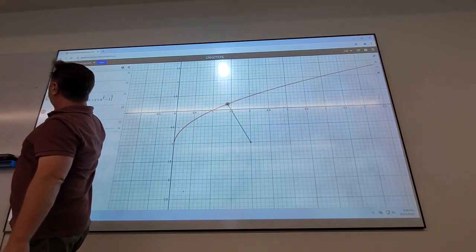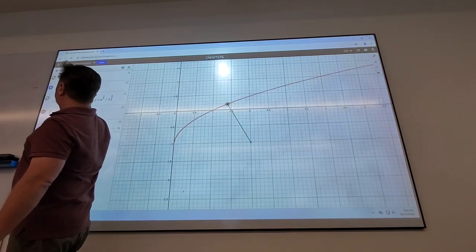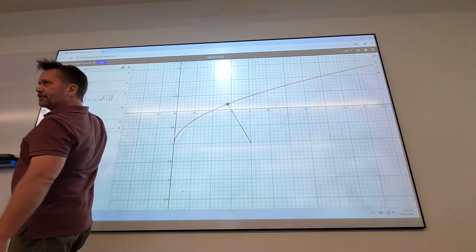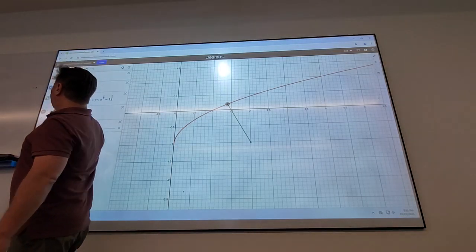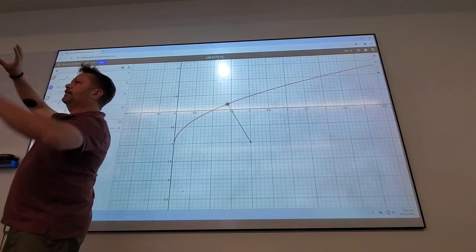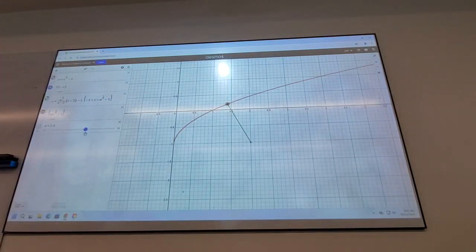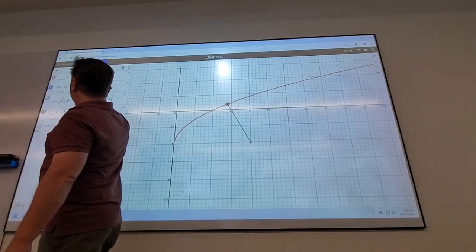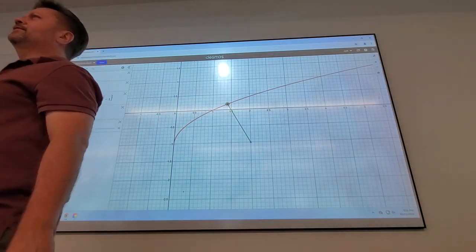That's the slope at any A times x minus x1 plus y1. So that is the tangent line formula, but for any A. Do you have to understand everything I did there?